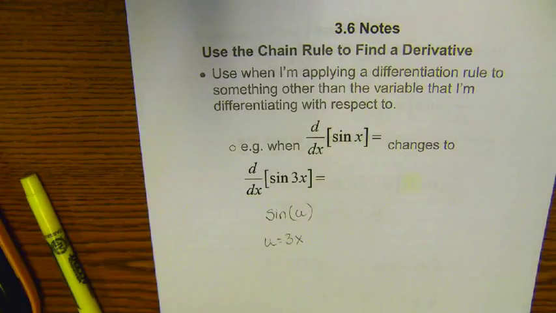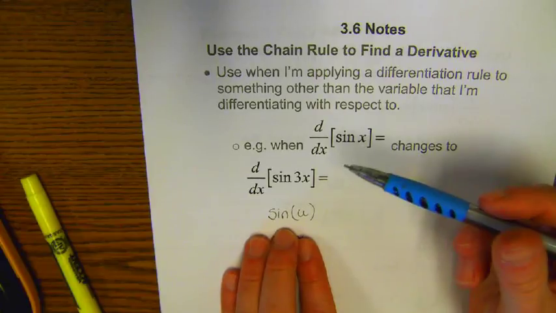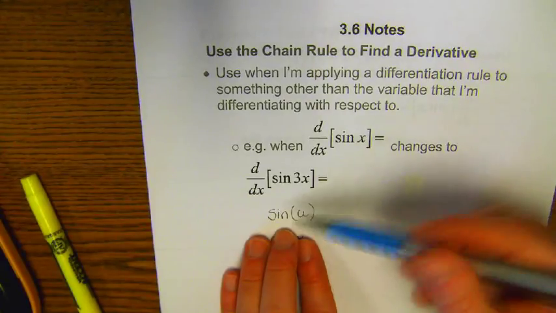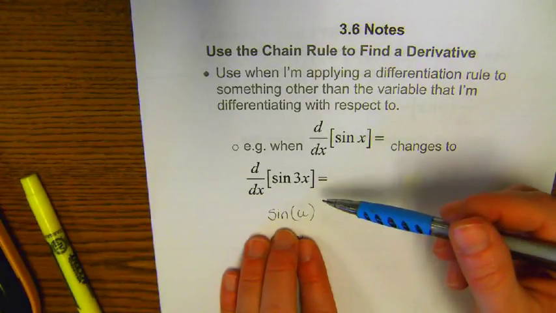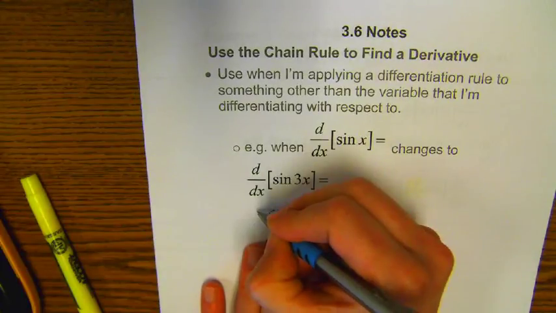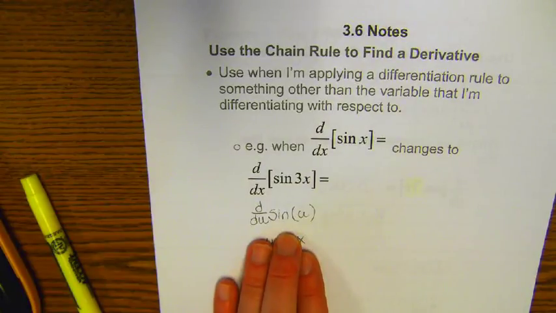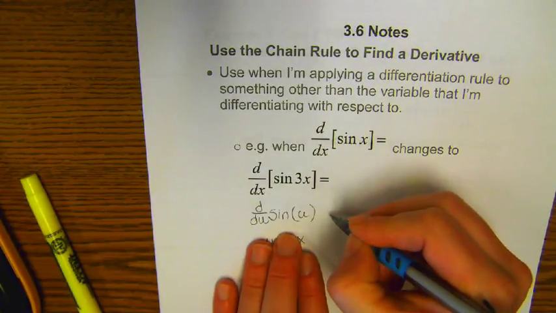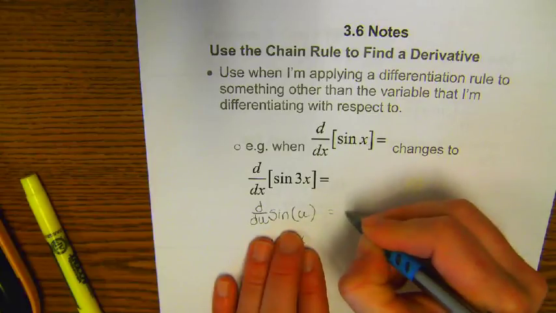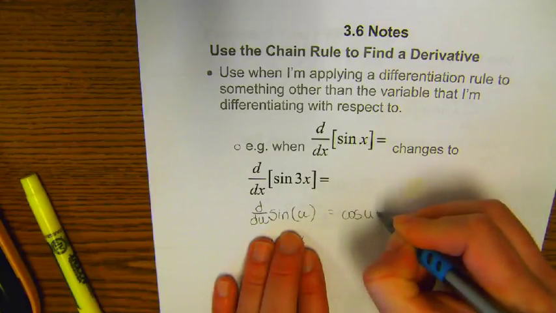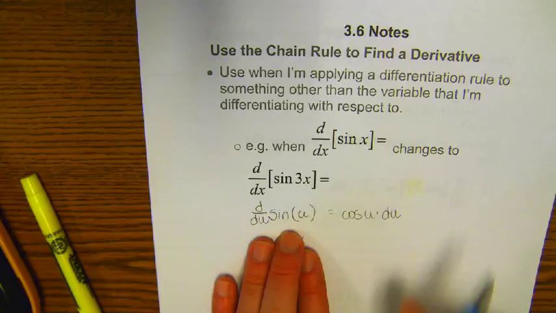So what's the variable here in this problem now instead of x? U. Okay. So if I said, hey, what's the derivative of this, you would tell me it is cosine of u times the derivative with respect to u, okay?